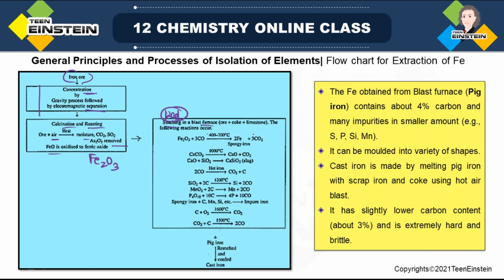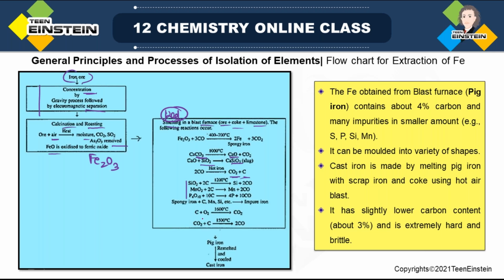Here we have charged this mixture: ore plus carbon, that is coke, plus limestone, that is CaCO3. If we see all the steps in detail, calcium carbonate at 1000 degrees centigrade, in the middle zone, produces CaO, and this CaO reacts with impurity and finally makes the slag. CO, in the presence of hot iron, will be converted to CO2 and C, but the actual reducing agent is basically CO. There are some impurities also.